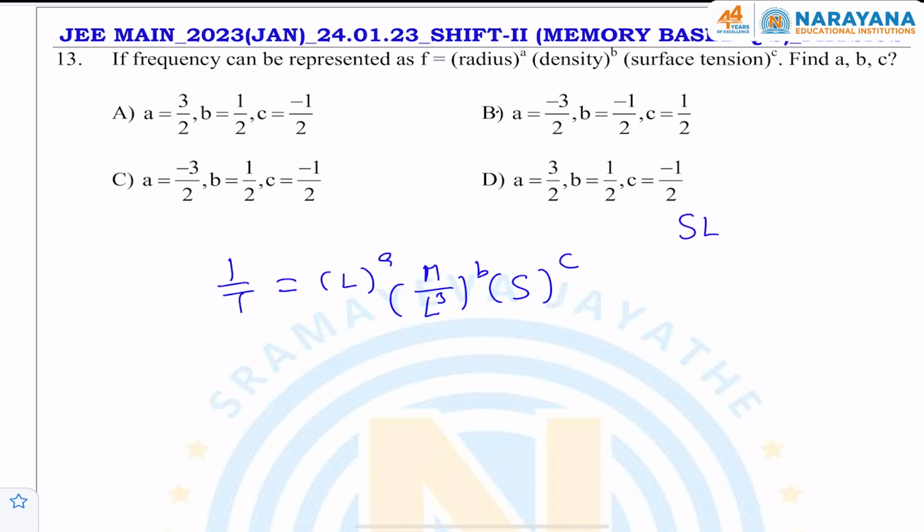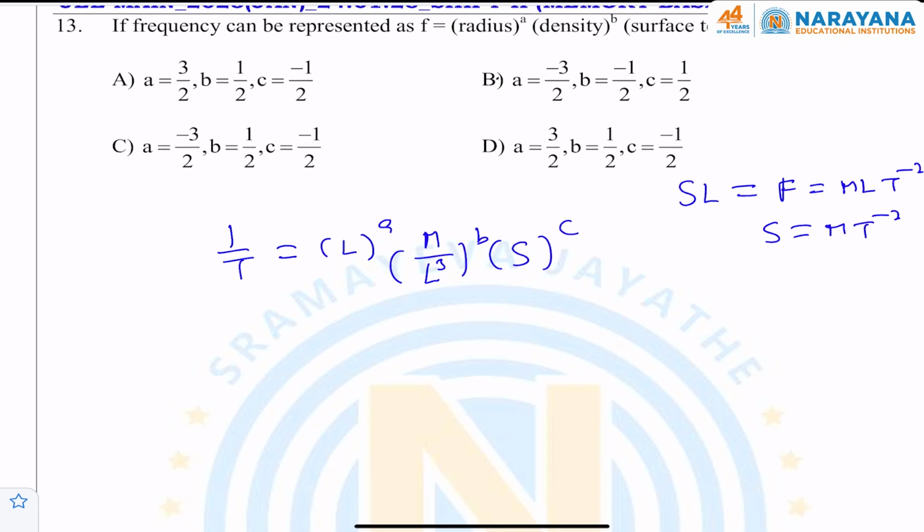Usually surface tension into length gives the force. The dimensional formula of force is M L T power minus 2. In this way, surface tension has dimensions of M into T power minus 2. So rewriting this, on the left hand side it can be written as M power 0, L power 0, T power minus 1.